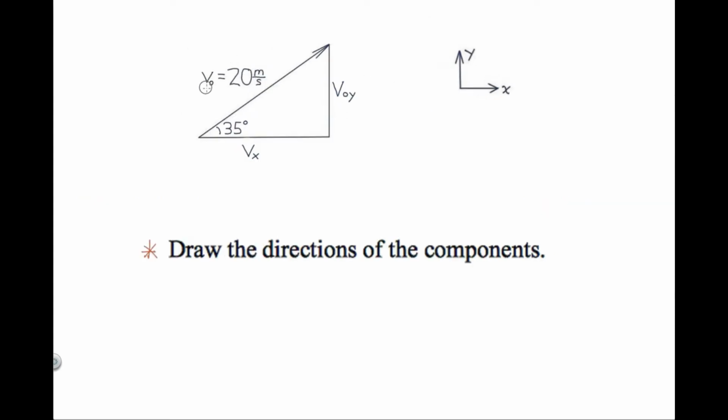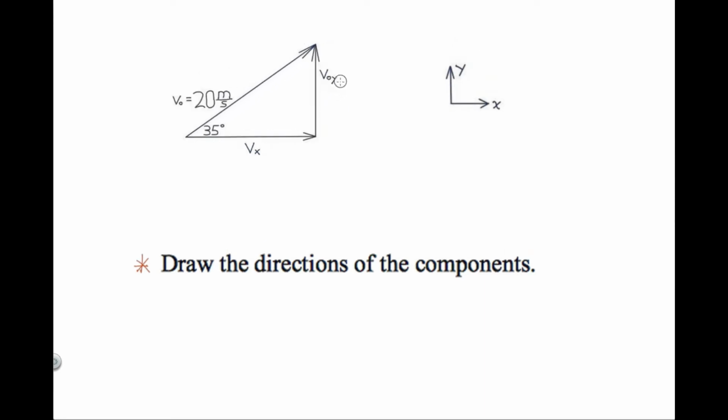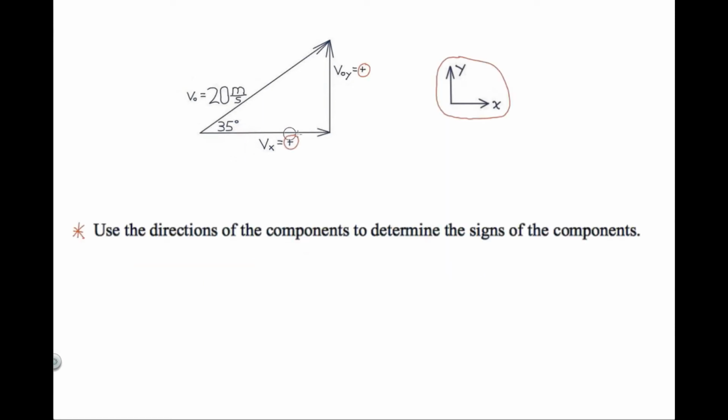The overall velocity vector points up and right. So the y component of the velocity points up, and the x component of the velocity points right. Right is our positive x direction, so v sub x is positive.